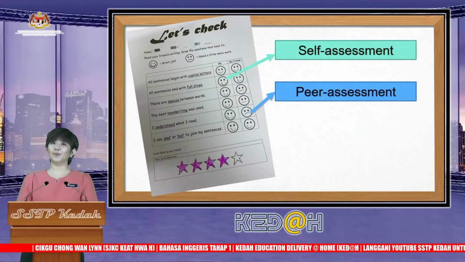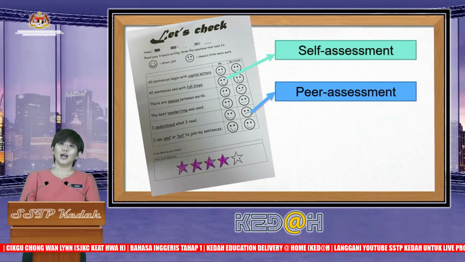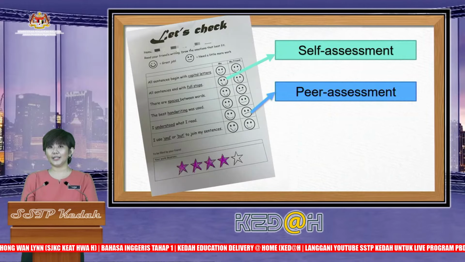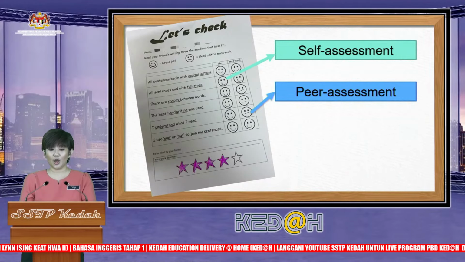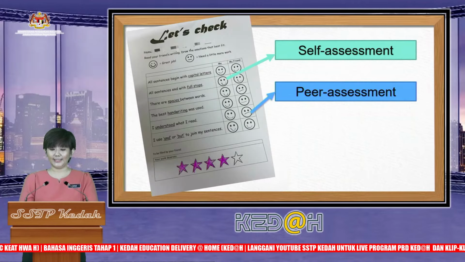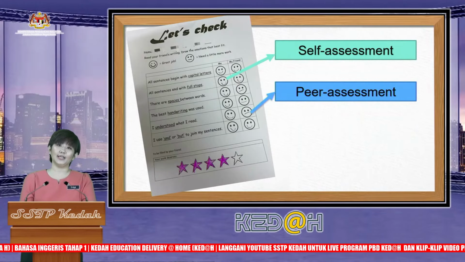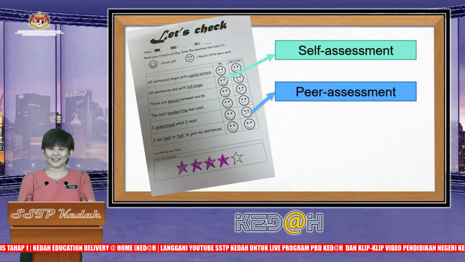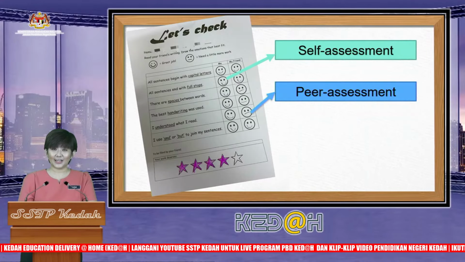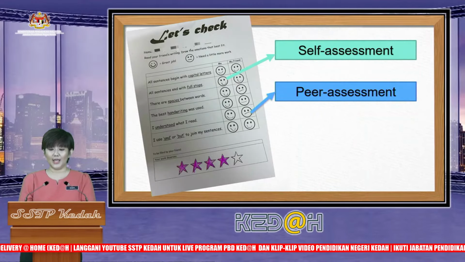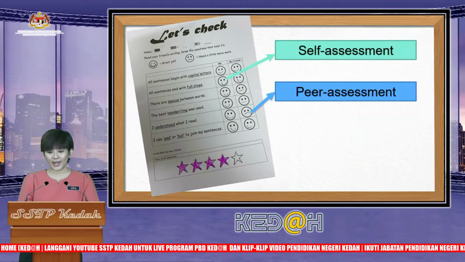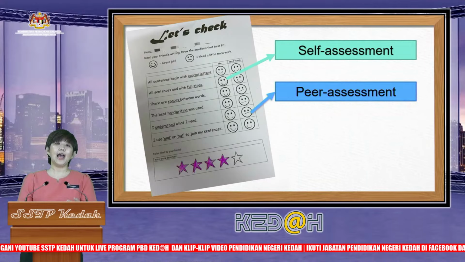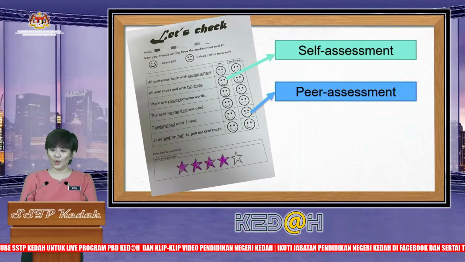So besides being a form of assessment, a checklist can actually cultivate the habit of editing and checking their own work before submitting it to the teachers. Making self-assessment a common practice in the classroom not only encourages pupils to be involved, but also encourages them to take more responsibility and ownership of their own work.